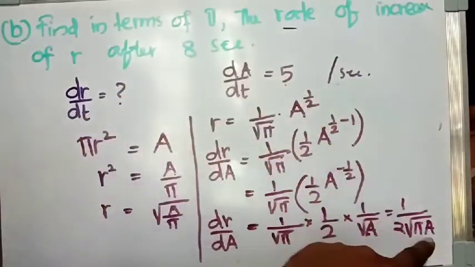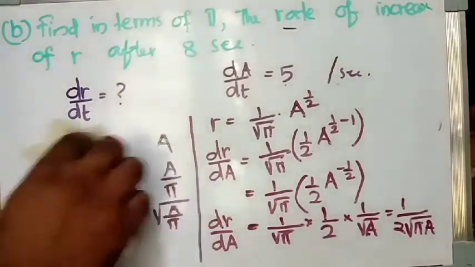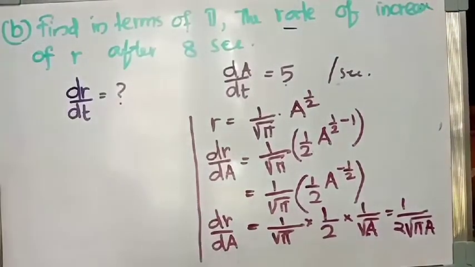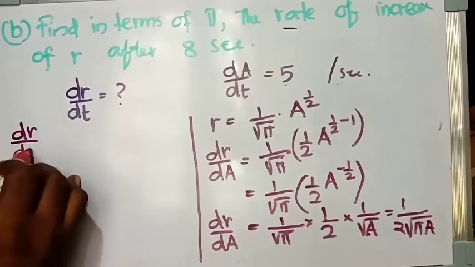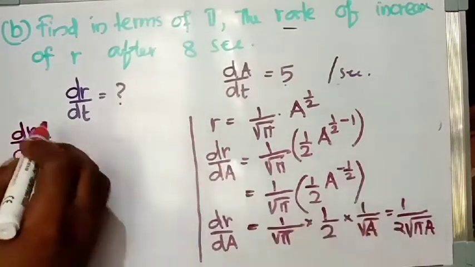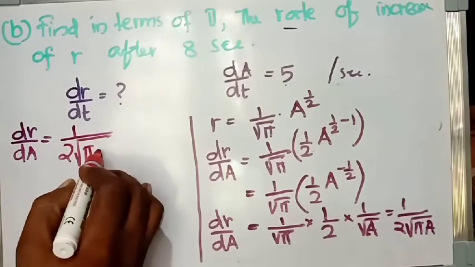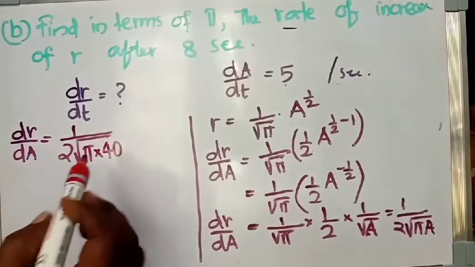It will be 40 now. So this area becomes 40. So let's replace that. So dr by dA becomes 1 by 2 root pi into 40. Remember how you got this 40, okay?